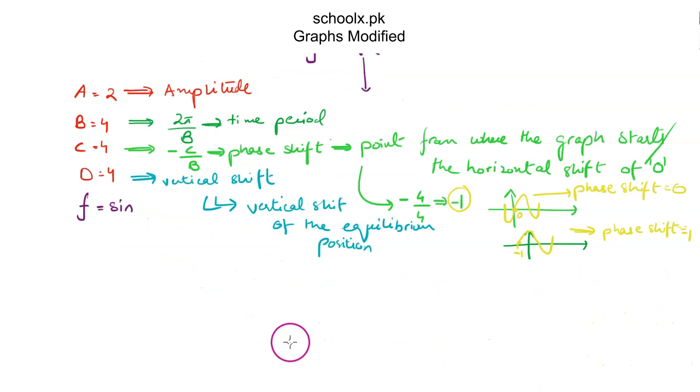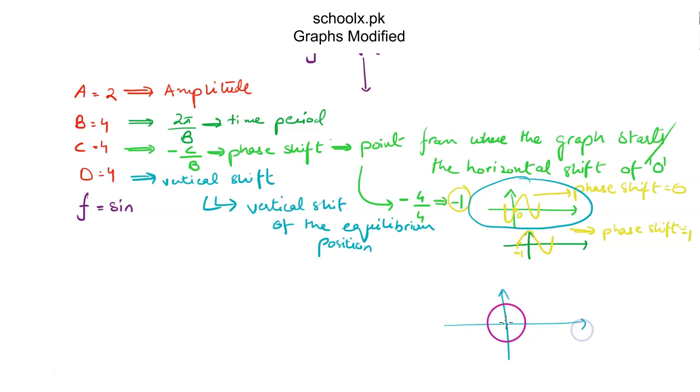So a normal sine graph is like this, but d in this case is 4. So our graph will experience a vertical shift of 4 units. The normal graph starts from 0, but this graph with a vertical shift of 4 will start from 4 instead of 0.